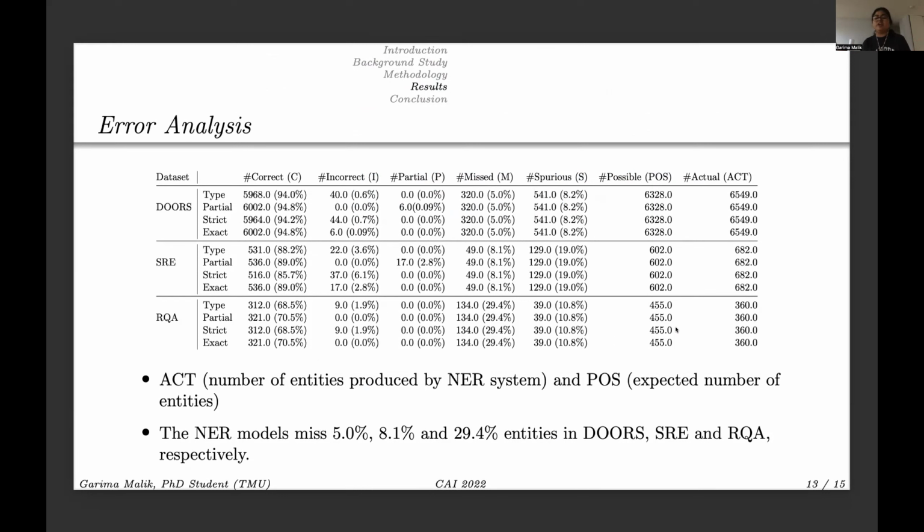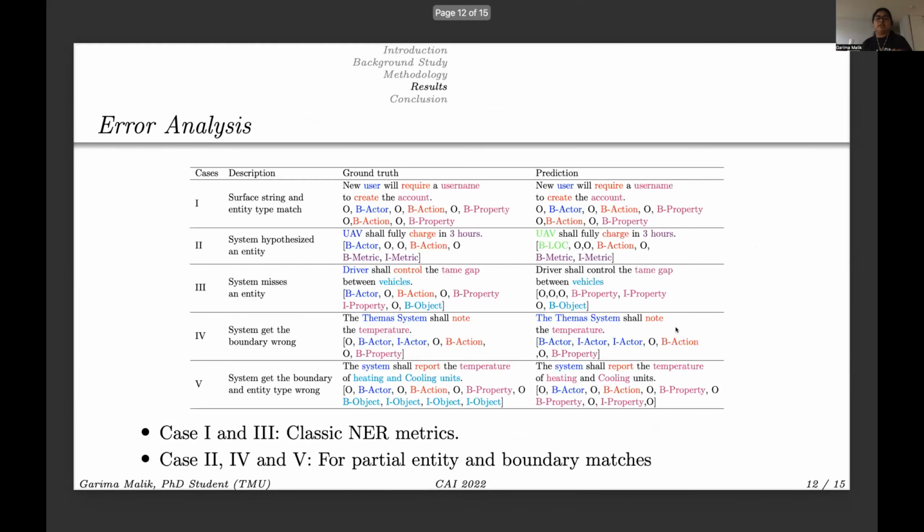With DORS, we have an abundance of data, so we are missing a very small percentage of entities. It increases when we have more entities and fewer requirements. Basically, we calculated the correct, incorrect, partial, and missed entities for all these datasets with the best model, which I just showed in the table highlighted in blue.